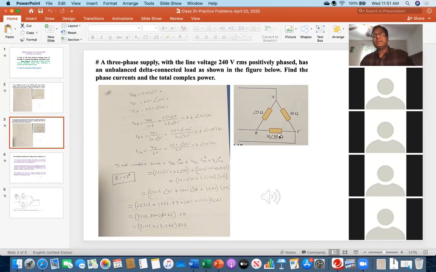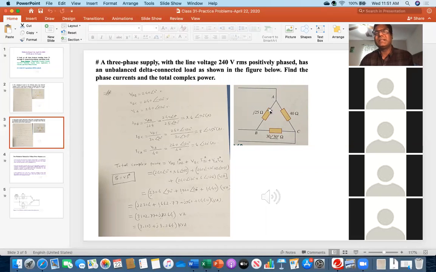But what will happen in this case? You can clearly see this point, A point, B point. The wattmeter has a voltage coil, and to measure the voltage you need 2 points. That is clear, A point, B point. But if it is not available, for example this is inside a box, hidden, and you are not able to see A, B, and C, then how would you connect that voltmeter?